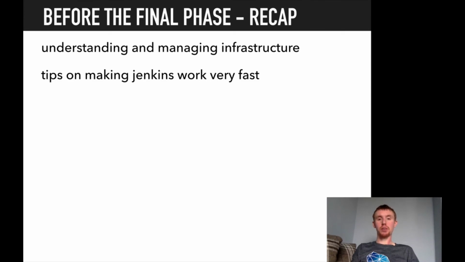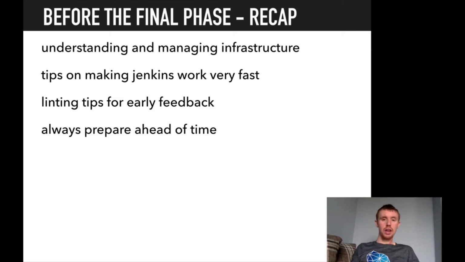Tips on making Jenkins work very fast in terms of activating optimized mode in Jenkins, but also the Git settings for no tags and for shallow cloning will get things happening much snappier, much more responsive. Linting tips and feedback. Having the mentality of always prepare for time, and where there is extra time you're waiting, you can pad that time in there for the future steps.